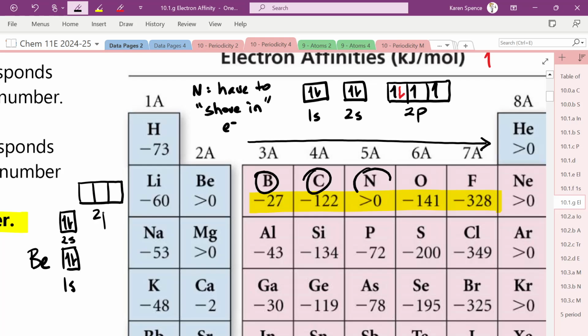It has to go into the 2p, which is higher energy than the 2s. Okay, it is shielded from the nucleus by the 2s electrons. It's further from the nucleus. Less nuclear penetration, okay? And it's shielded by the 2s electrons.